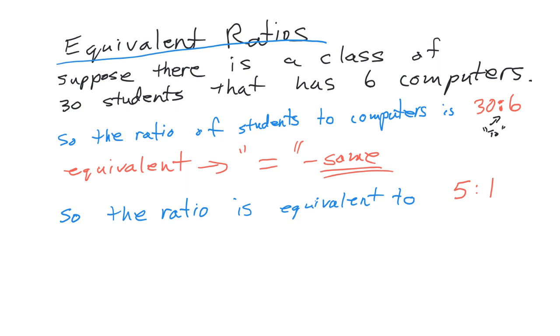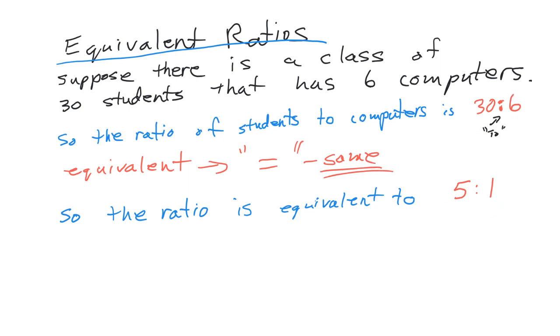Well, they are the same because if you think about it, if I took 30 divided by 6, that's 5. So that means there is 5 times as many students as computers. Isn't that the same as saying 5:1?